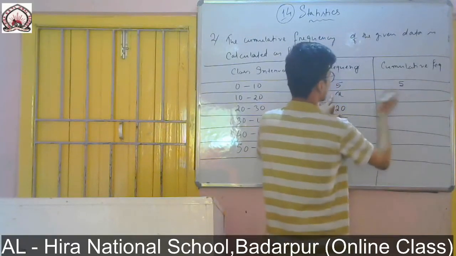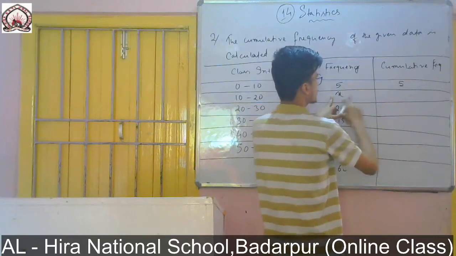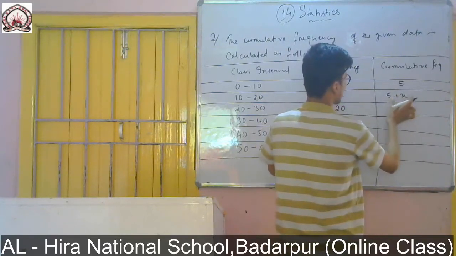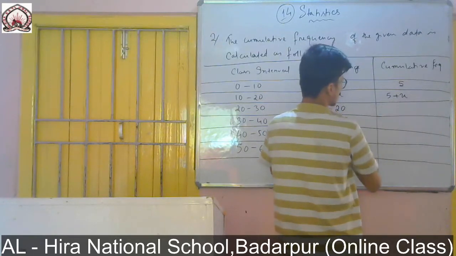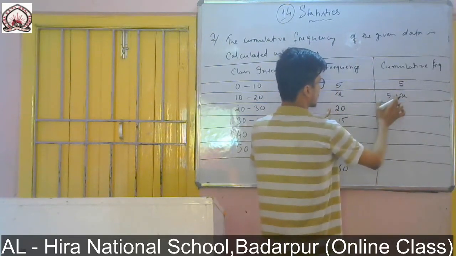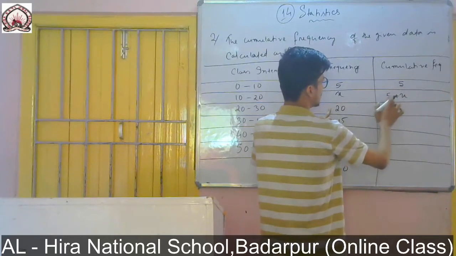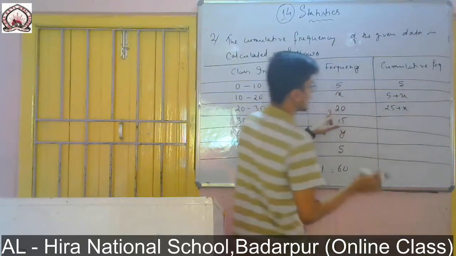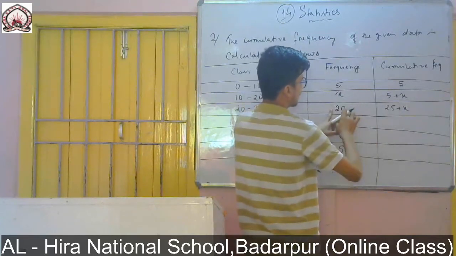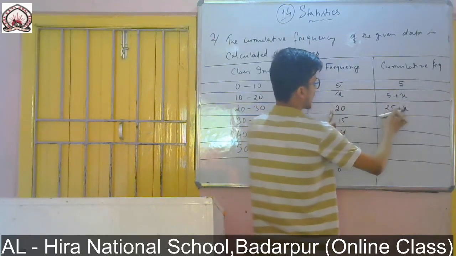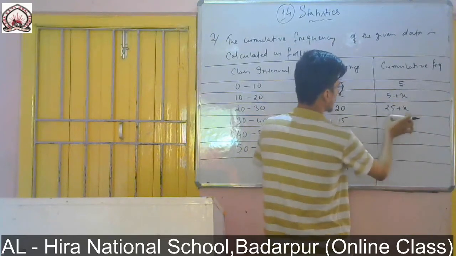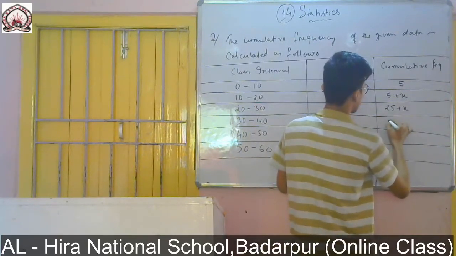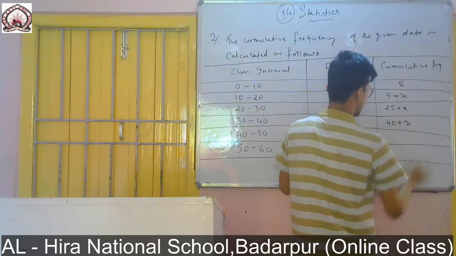The next one will be this one plus this frequency: 5 plus x. The next one will be 5 plus x plus 20. If I add this, 5 plus 20 is 25, so it will be 25 plus x. I am writing directly. Then 25 plus x plus 15: 25 plus 15 is 40, so 40 plus x.